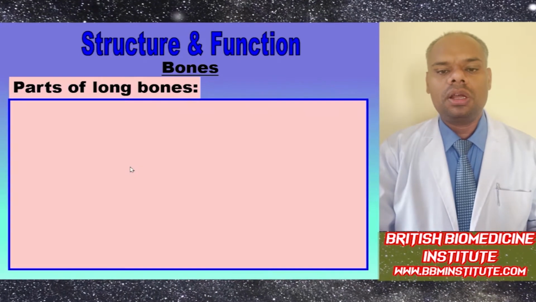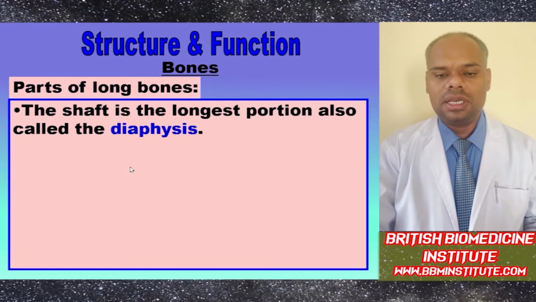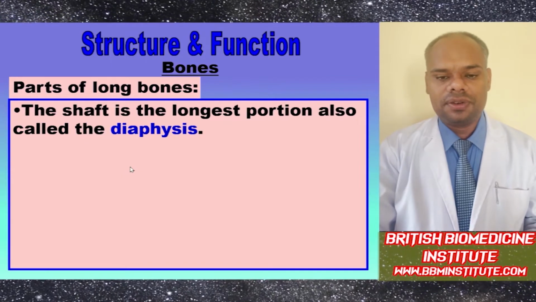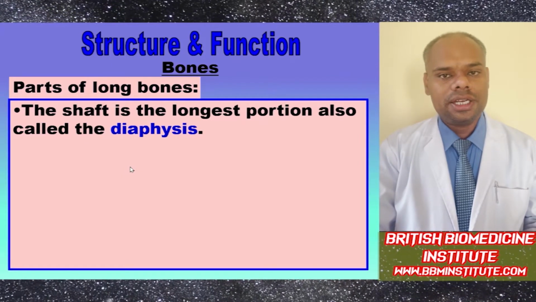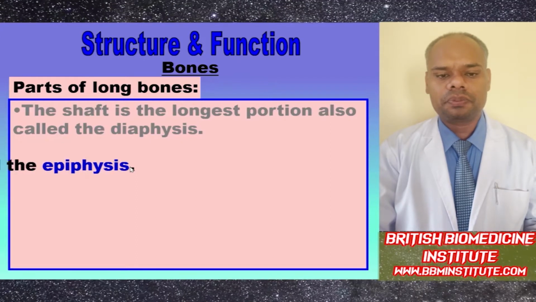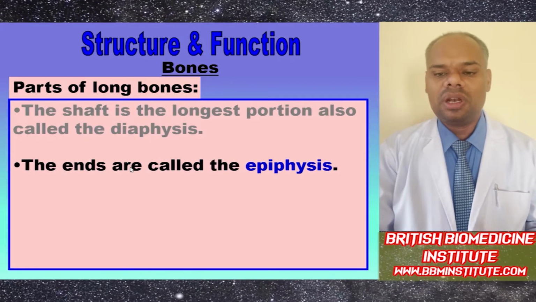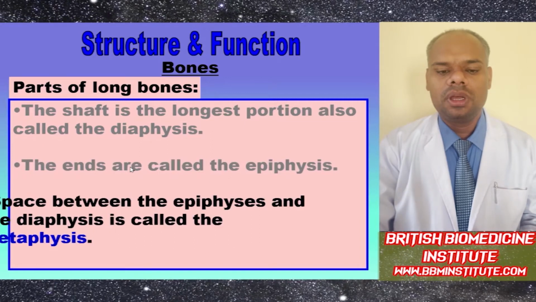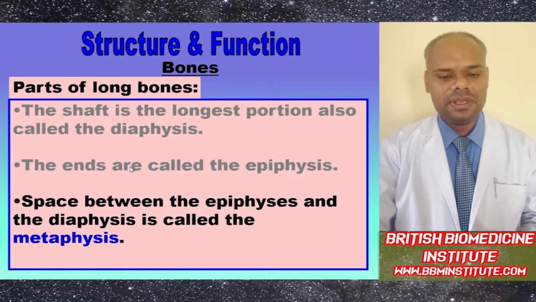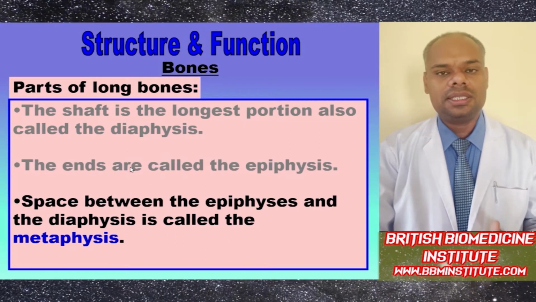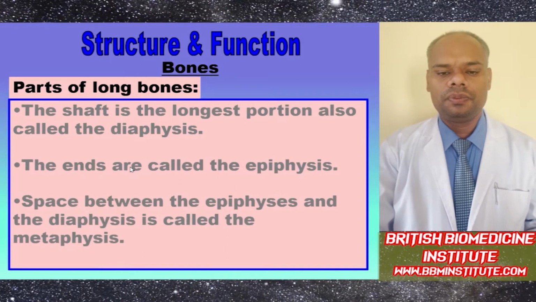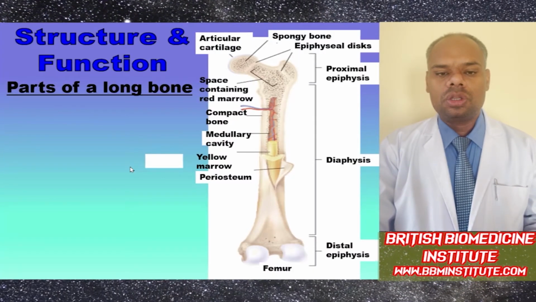The parts of the long bone are basically, there is a large shaft which is the longest portion, and it is also known as the diaphysis. The end is known as the epiphysis. The space between the epiphysis and diaphysis is known as the metaphysis.